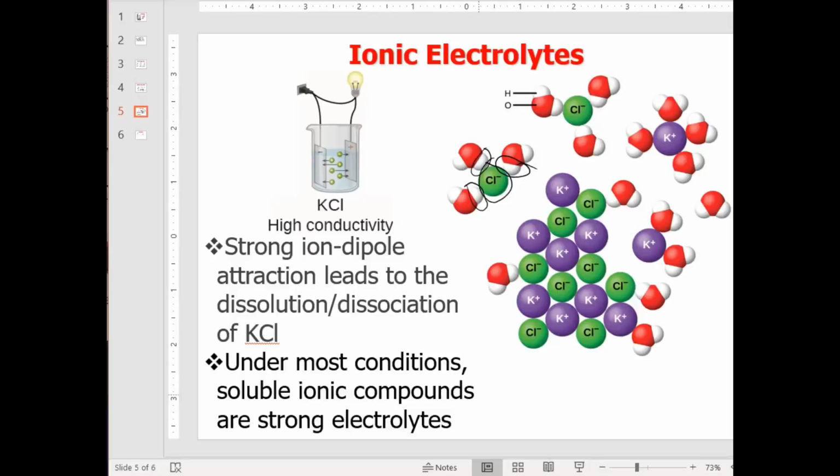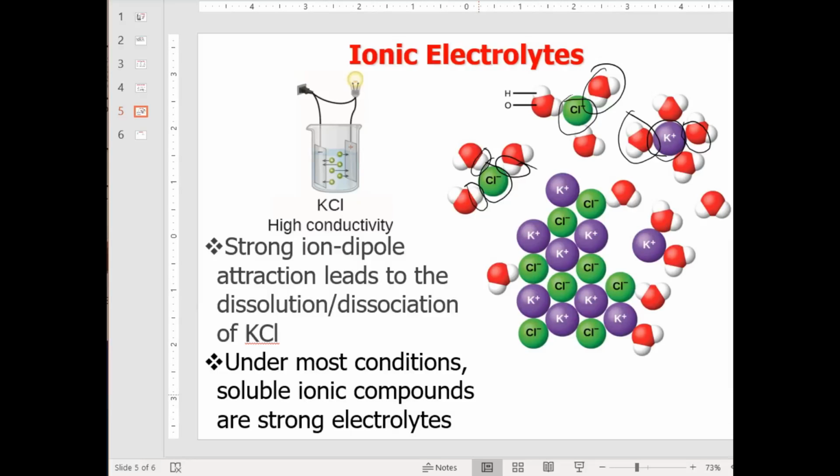At the same time, potassium ions are surrounded by negatively charged oxygen atoms from water molecules. Such electrostatic attraction between an ion and a molecule, here is one ion and here's one molecule, is called ion dipole attraction.